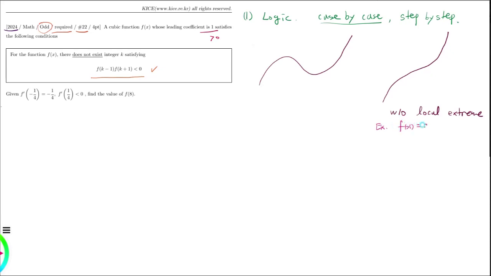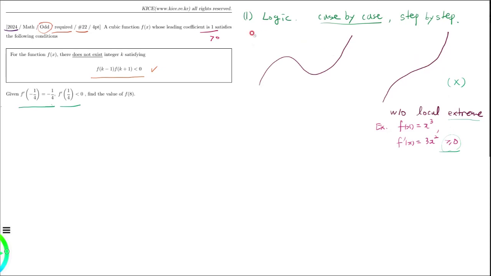if f(x) is x cubed, its derivative will be 3 times x squared, which is non-negative. By the way, this cubic function does have a negative derivative, so the second case is not the case, because for the second case, where there's no local extreme, the derivative is always non-negative.